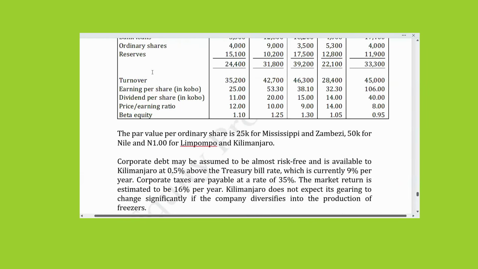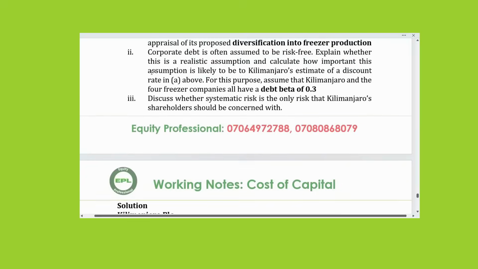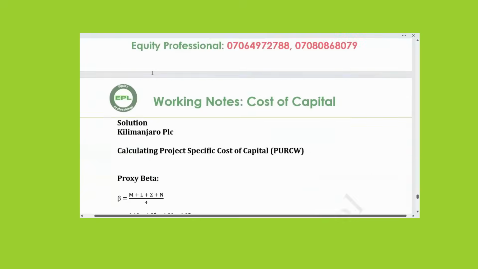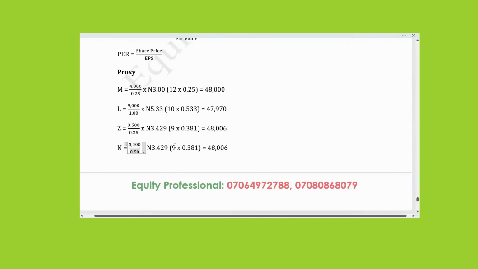Earnings per share is 0.323. Okay, 14 multiplied by 0.323. So what do we have here? 4.522. 4.522 multiplied by 10,600. 47,933.2. So that's that.